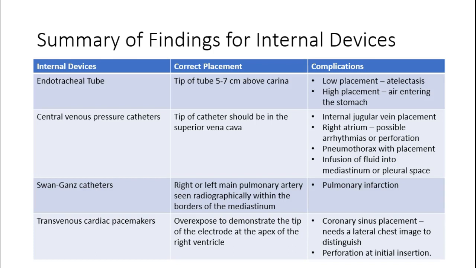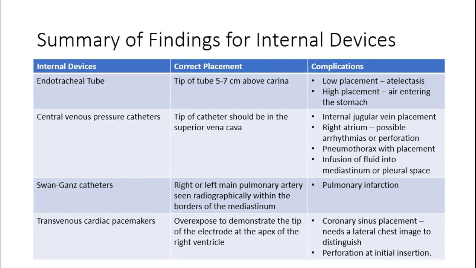Complications from that include internal jugular vein placement. It needs to be by your right atrium, and if it isn't, it should be superior to the right atrium. If it is in the right atrium, it can cause arrhythmias or perforation. It can cause a pneumothorax and infusion of fluids into the mediastinum, which is not good.